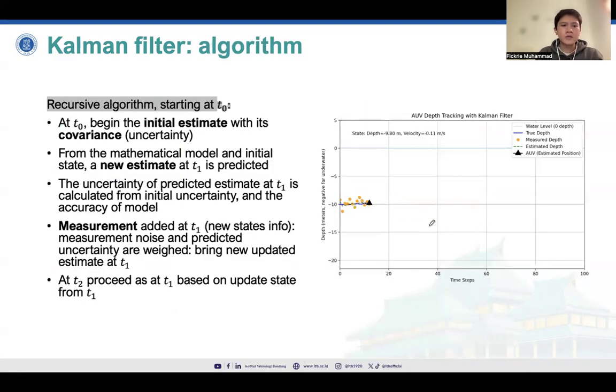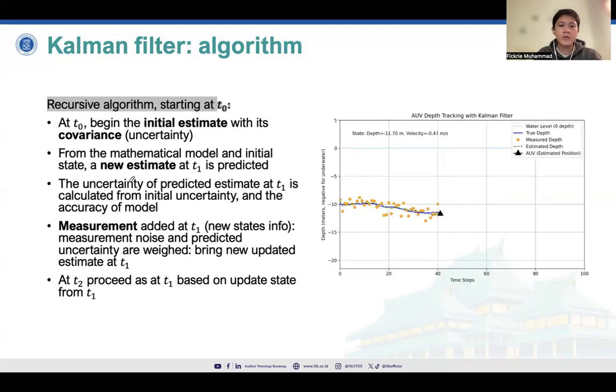All right. So the recursive algorithm of Kalman filtering starts at T0, for example, with the initial estimation with its covariance, or its uncertainty. Of course, we have the uncertainty. Our initial position should be 0, 0, 0, but we estimate with our model, then it's not 0, 0, 0.